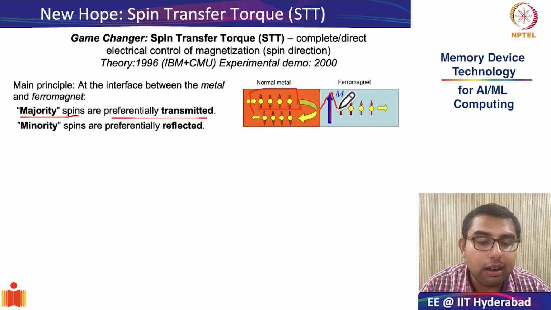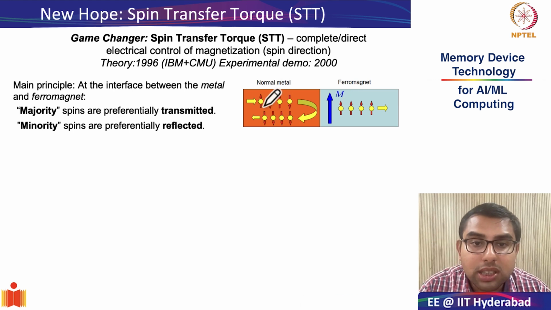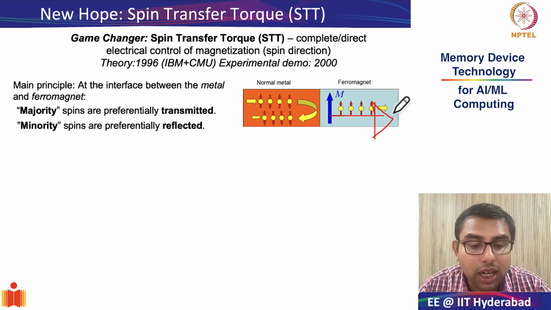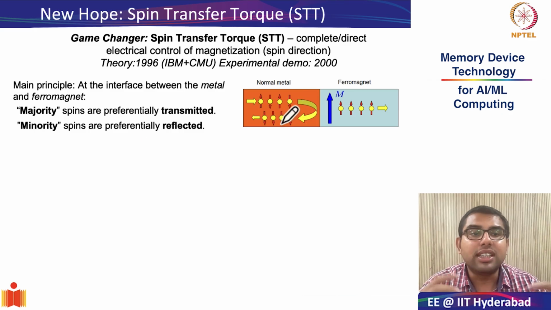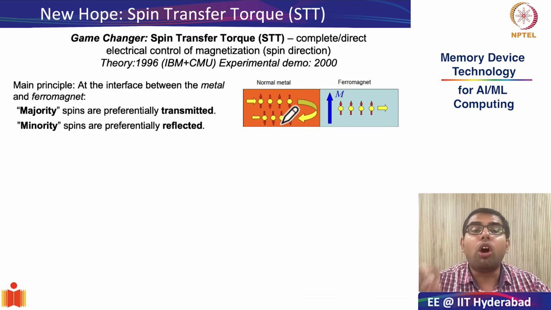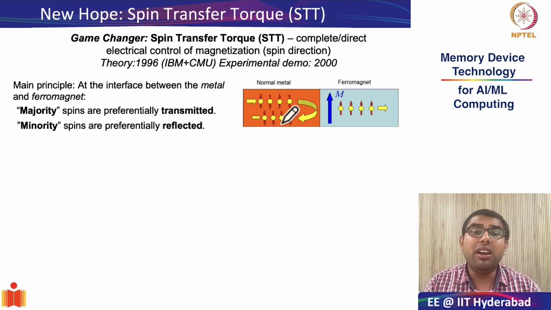The ferromagnetic layer here has spin in the upward direction. The spins which have up direction are getting transmitted. See, all the up spins have got transmitted, whereas the minority spins are preferentially reflected. And this is the principle of generating spin polarized current, also called spin filtering.